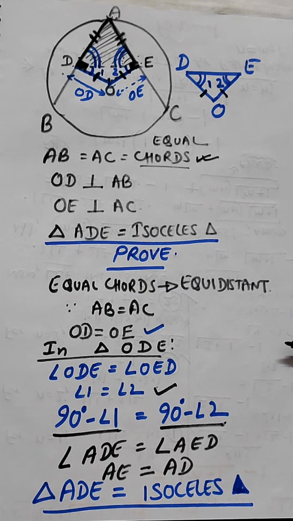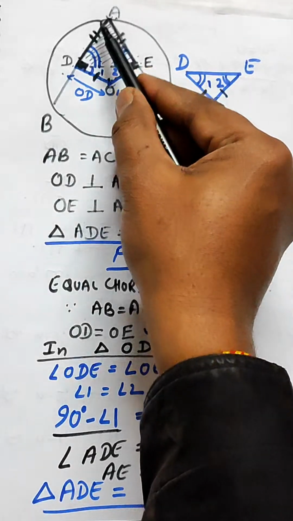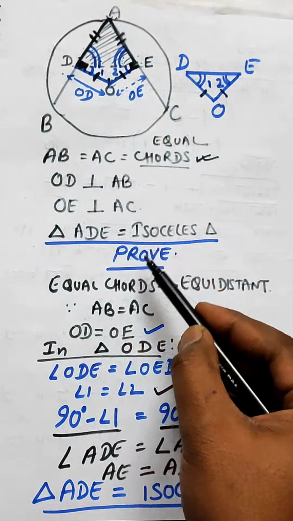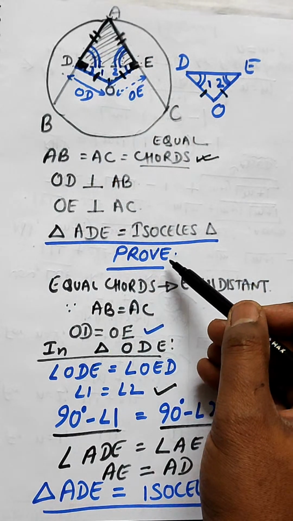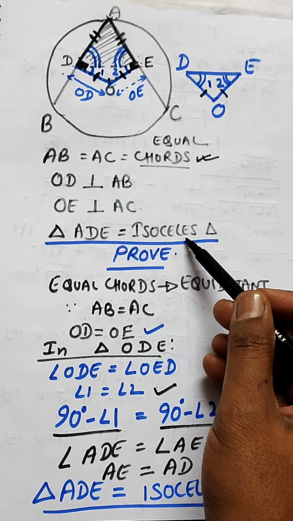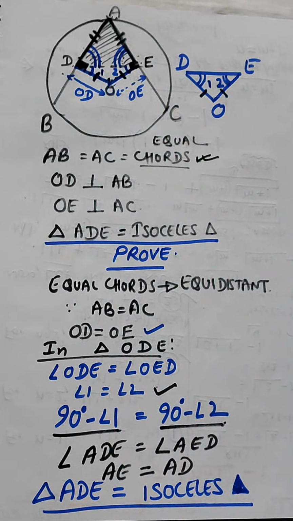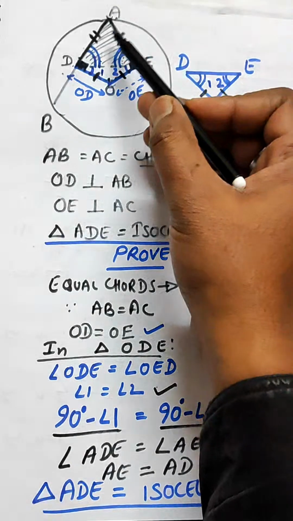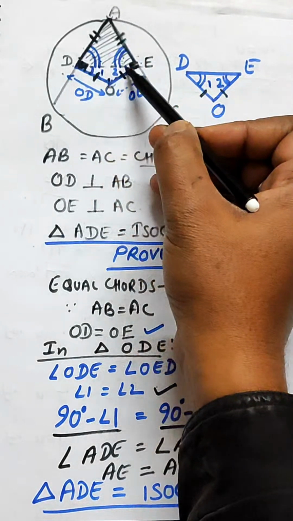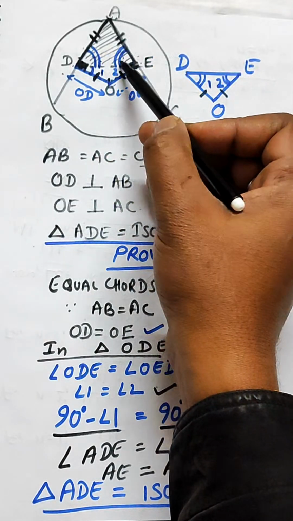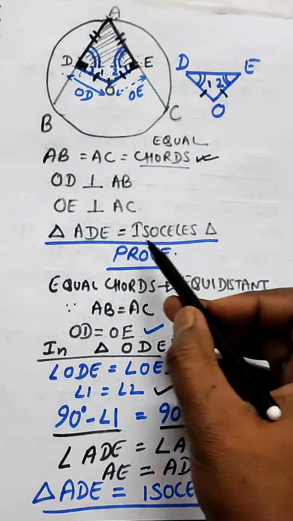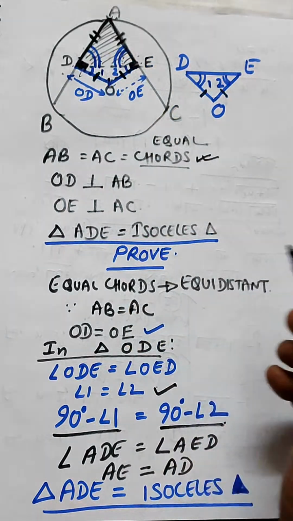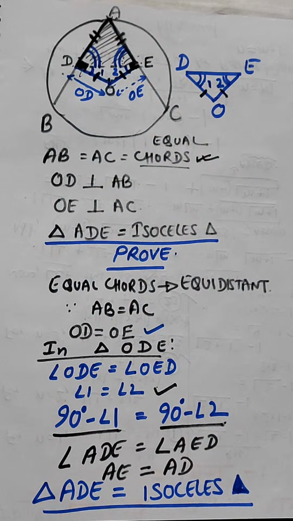So in triangle ADE, which we started to prove is isosceles, we have proved it, because angle ADE is equal to angle AED. These are the angles opposite to the equal sides. So AD equals AE. So we can say that triangle ADE is isosceles, right?